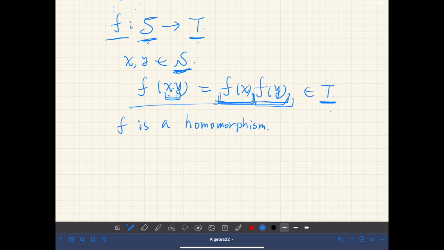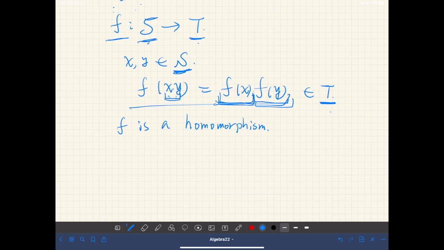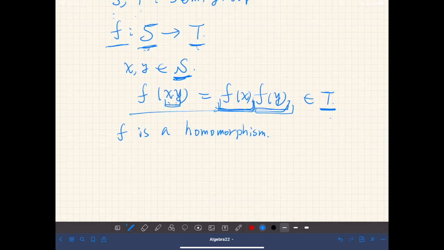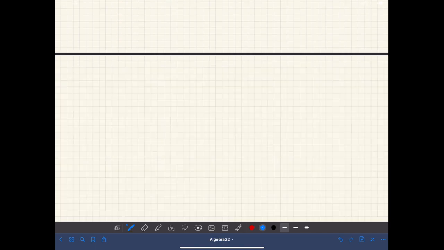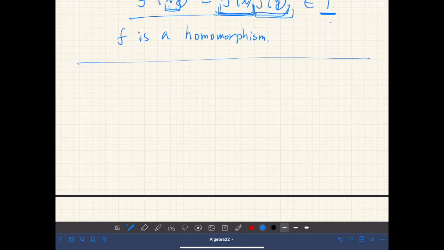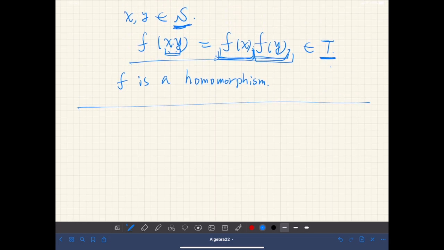Now we know that by definition, a homomorphism preserves the multiplication in S to T. But there is more that is preserved by a homomorphism, as we can see in the following lemma.